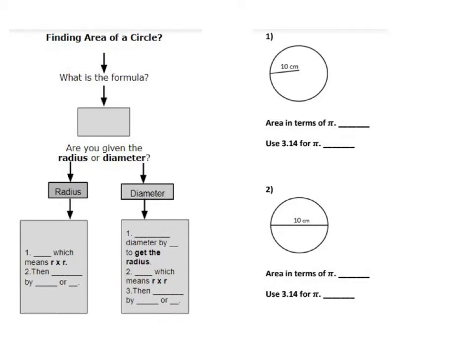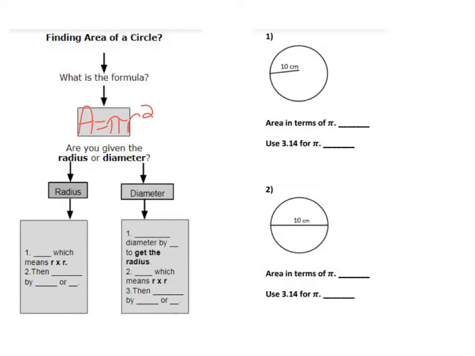Okay, so the formula is A equals pi r squared. Now there are 2 scenarios that you'll be given. One is if you're given the radius. If you're given the radius, all you have to do is substitute the r.